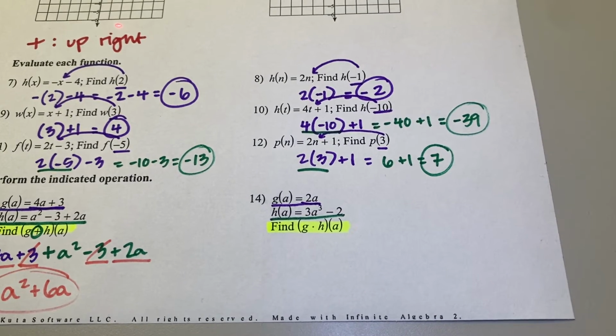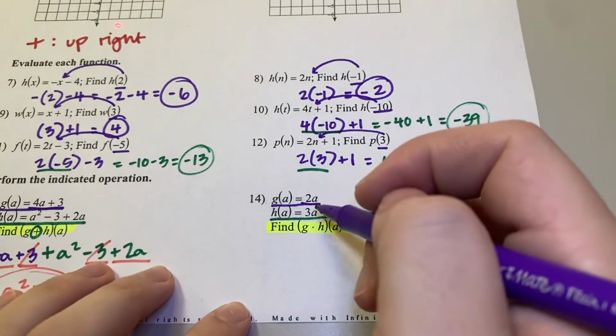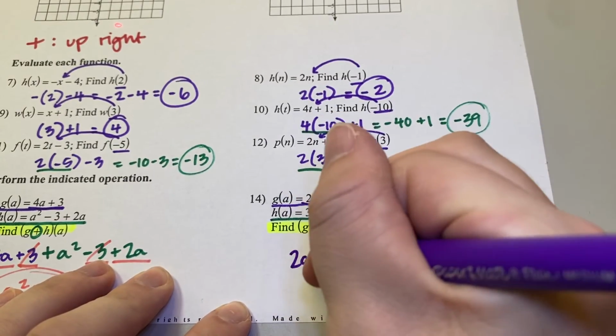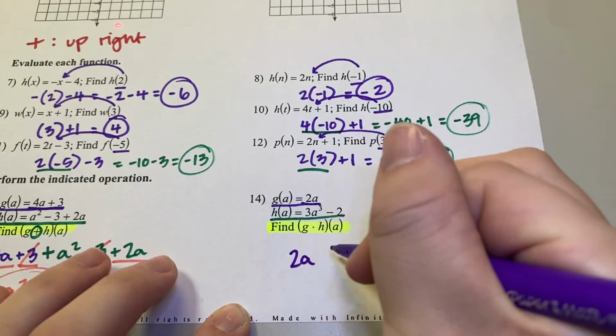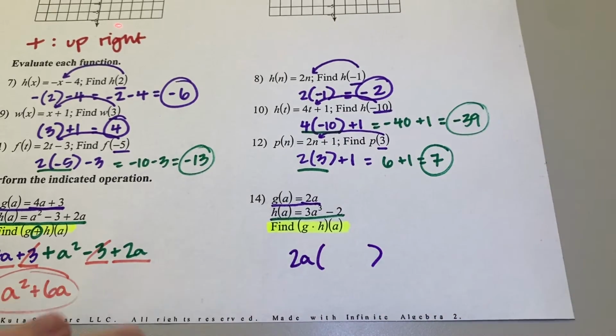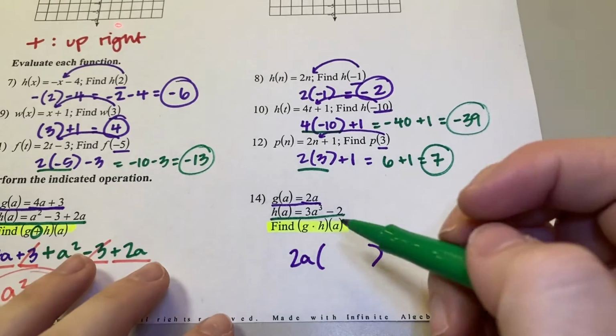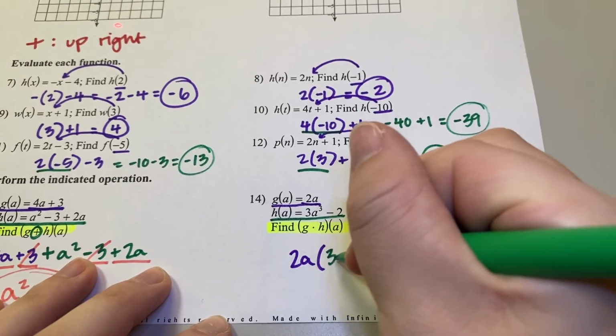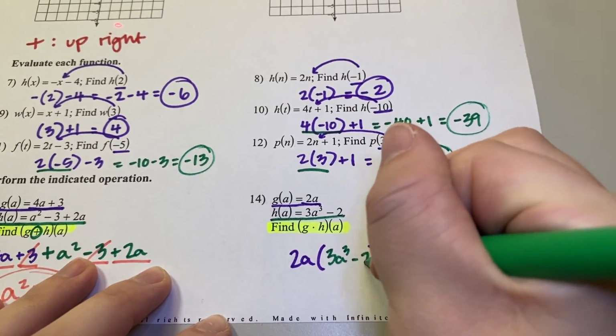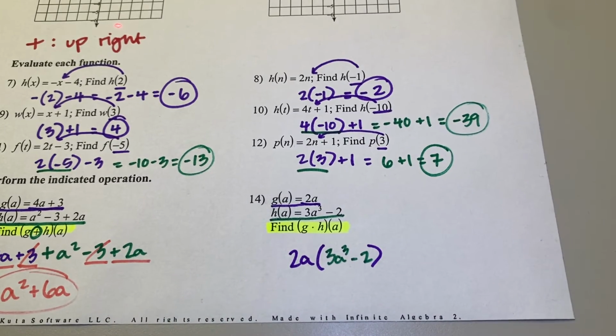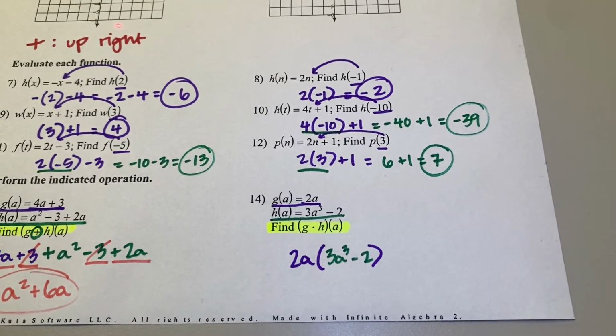Okay, so let's do that. Take your G of A, 2A, and we're going to multiply it. Looks something like that, right? Starting to look familiar. To H of A, 3A cubed minus 2. Okay, and there is a reason that I wrote it with parentheses.